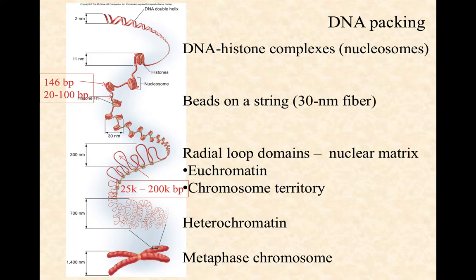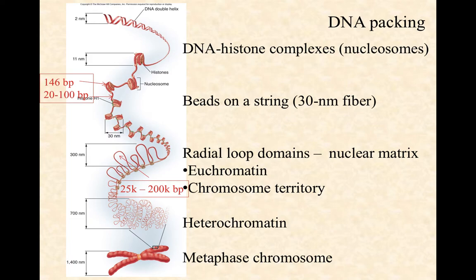So let's start with these DNA histone complexes called nucleosomes. Histones are proteins that wrap around DNA or allow DNA to wrap around them about every 20 to 100 base pairs. So there's a stretch of DNA that has 20 to 100 base pairs that's not contacting a histone protein. And then there's about 146 base pairs actually wrapped around the histone protein itself, forming what's called a nucleosome.